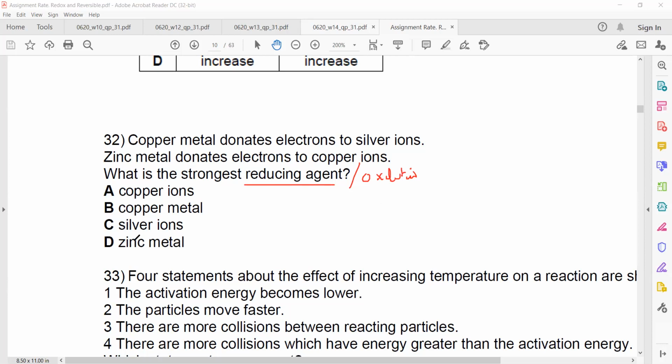So zinc is more reactive. Zinc tends to lose electrons. As you can see from the statement, first there was copper reacting with silver ion and donating its electrons to silver ion so that silver will become atom and copper will become ion.